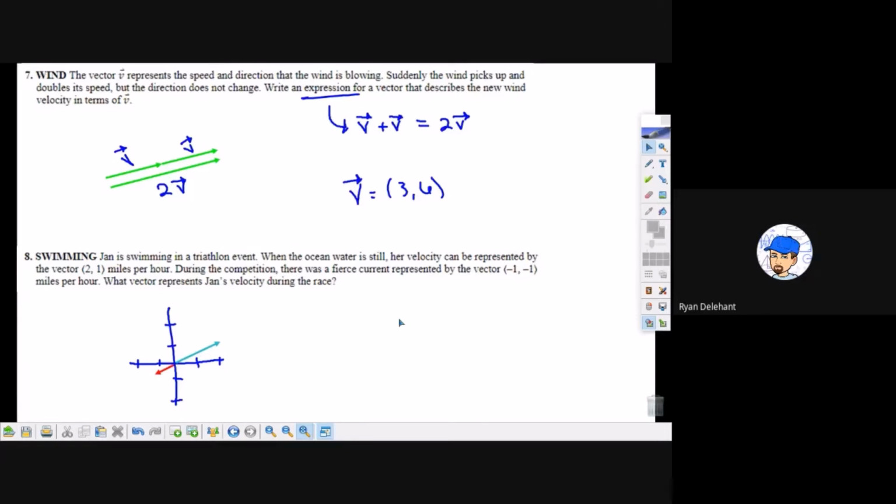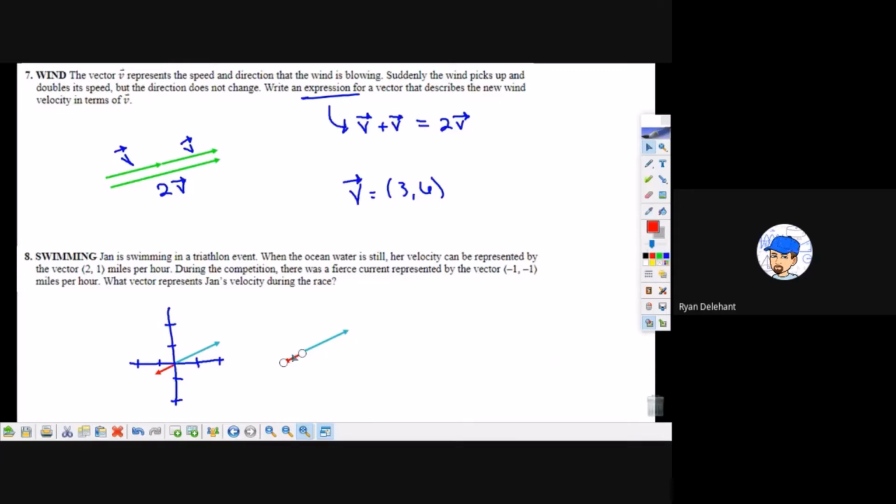Anybody ever swam against the current? Ever go to the beach and they tell you not to swim against the riptide that's pushing you this way? You just tire yourself out? Because the water pushes you out, you've got to swim against it, so it takes that much force for you to even make any progress forward. So this vector, even though it's listed here, let's make copies of these things. They shouldn't be on the ends of each other, right?